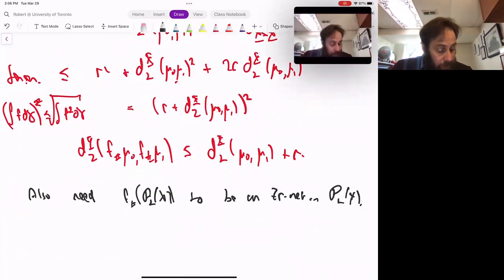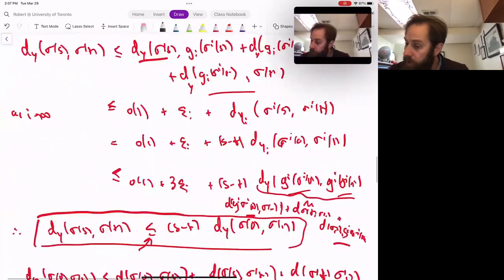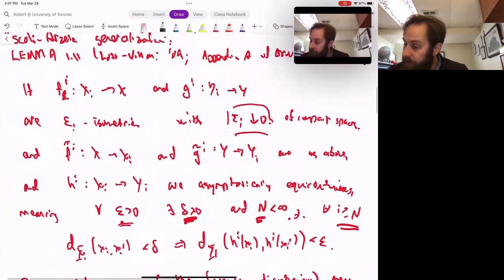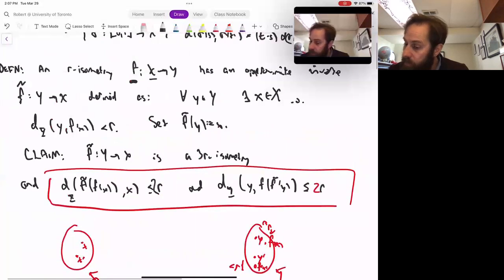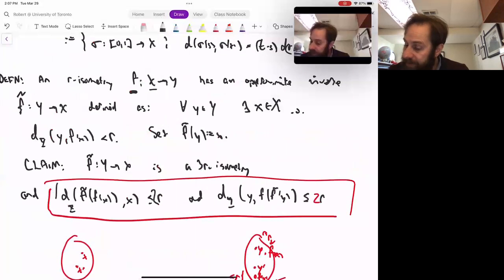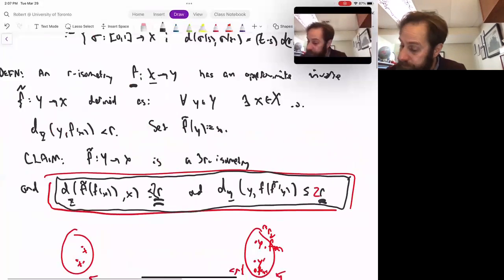Okay, and so finally, we're going to use this last part. I have to go all the way up. We're going to use these facts that F tilde, the approximate inverse, composed with F has distortion not more than 2R.